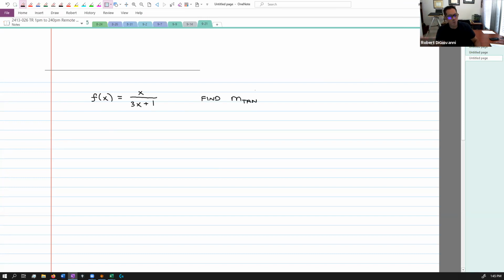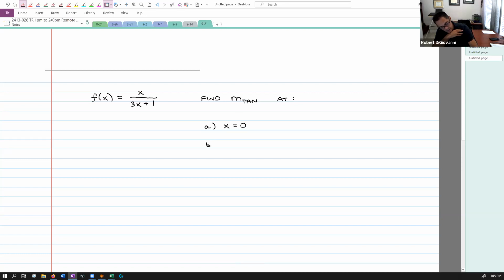The equation's a little more work, right? But it can be done. I just want the slope of the tangent line at a few different places. I'd like you to tell me the slope of the tangent line at x is 0.